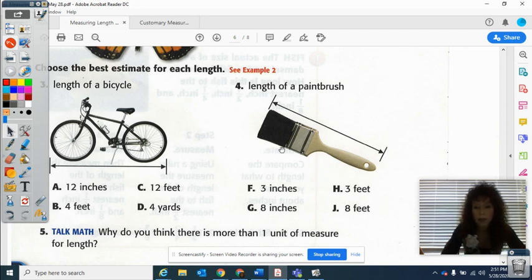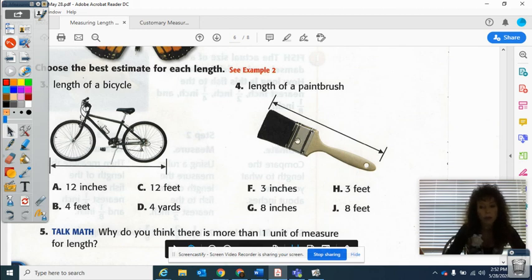So how long do you think a paintbrush is? Is it F, 3 inches, G, 8 inches, H, 3 feet, or J, 8 feet? So which one of these seems to make the most sense about how long a paintbrush is that you would use to paint like a wall or your fence or something at home?